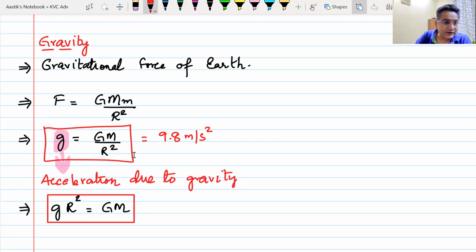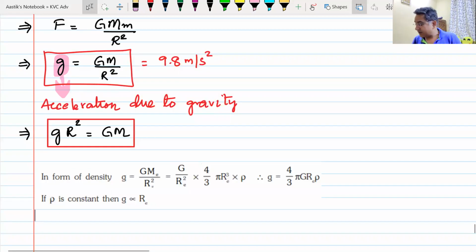You can write this formula in the form of density of Earth. And the more the number of ways in which you can remember them, the better. Do not wait for this question to come in the exam. Before the exam, prepare how you can write g in terms of density of Earth.